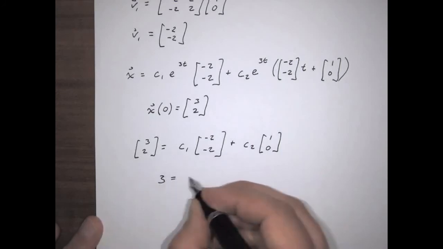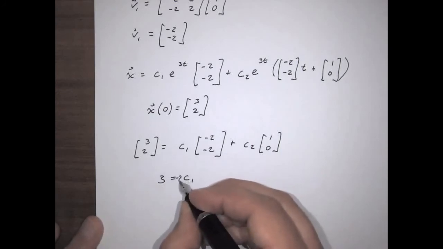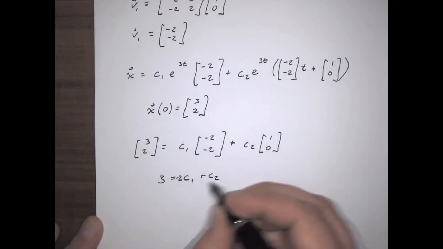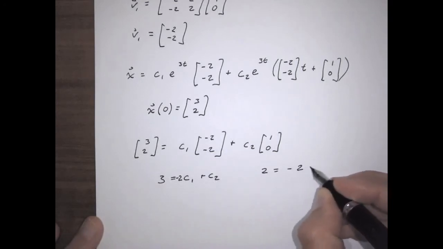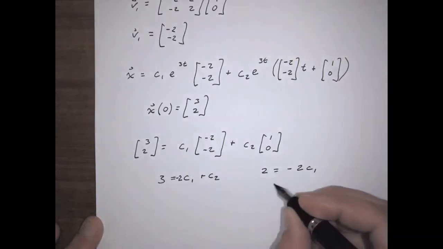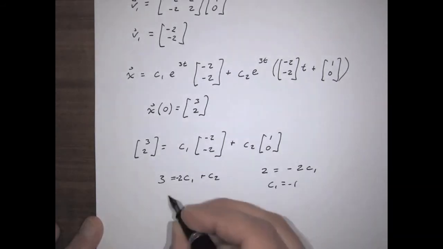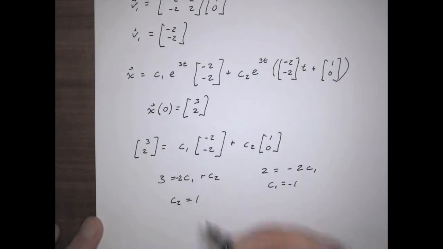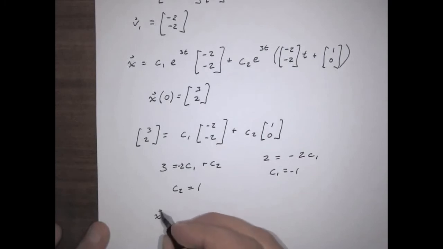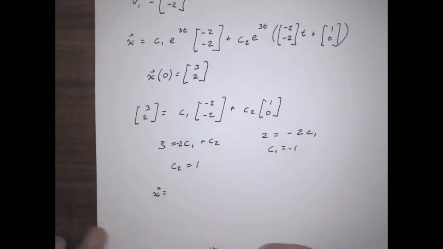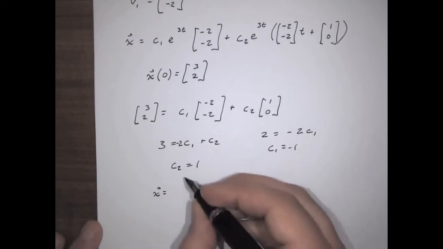So 3 equals negative 2 c1 plus c2, and 2 equals negative 2 c1. So in other words, C1 equals negative 1, which means C2 just equals 1.